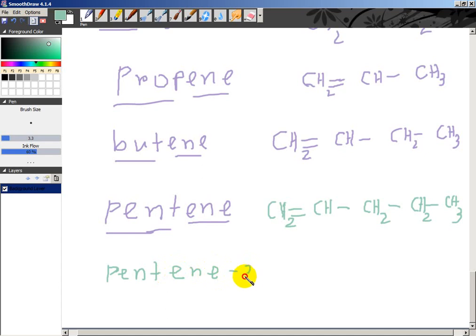Pentene-2. I should give numbering. After the two carbons, I give the 2, and the double bond will be in the 2 position. It is specific. I have to give the double bond in the 2 position.